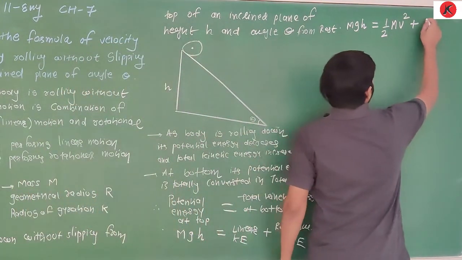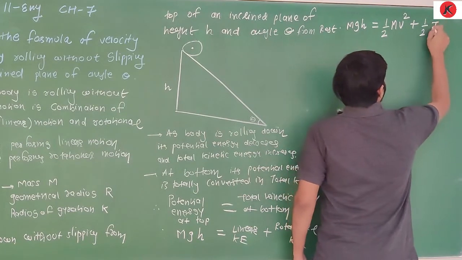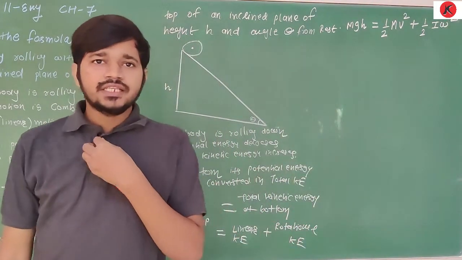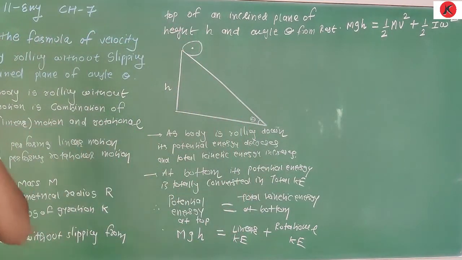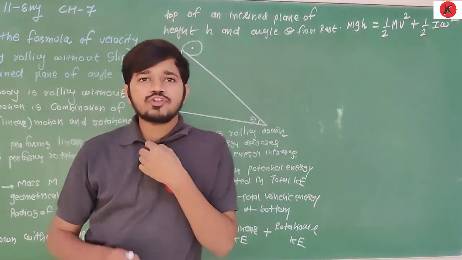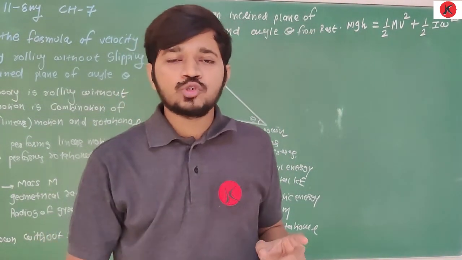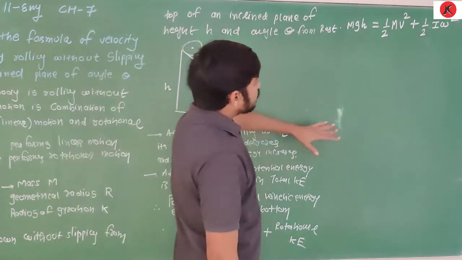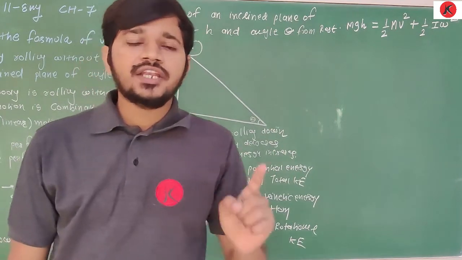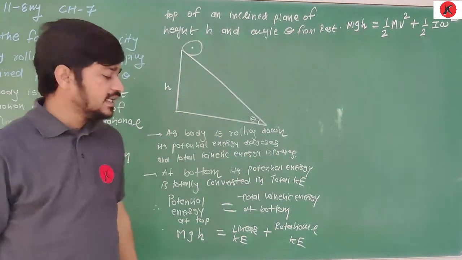From the table you can say it is half I omega square. This equation is important. Rolling without slipping is a combination of linear motion and rotational motion, that's why total kinetic energy is the sum of linear kinetic energy and rotational kinetic energy.